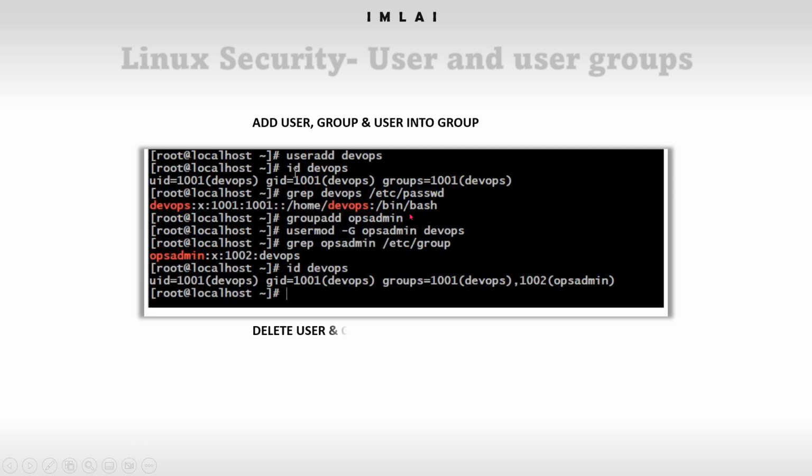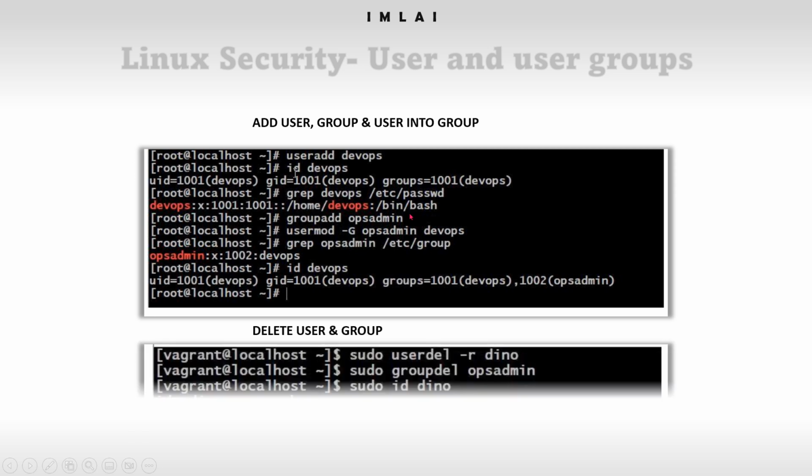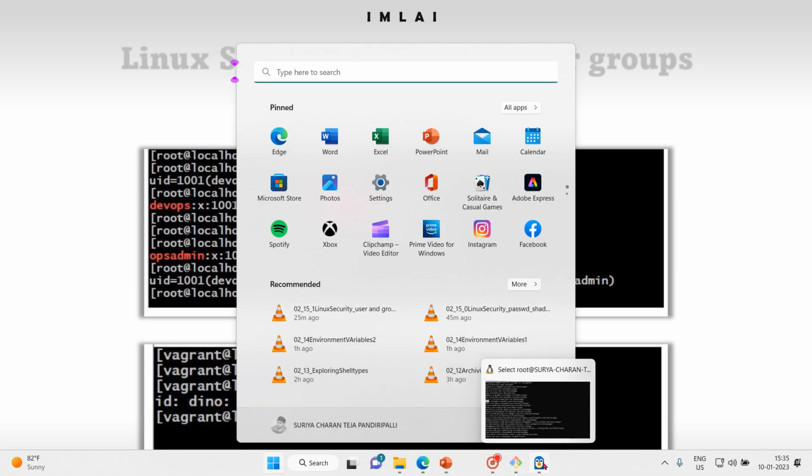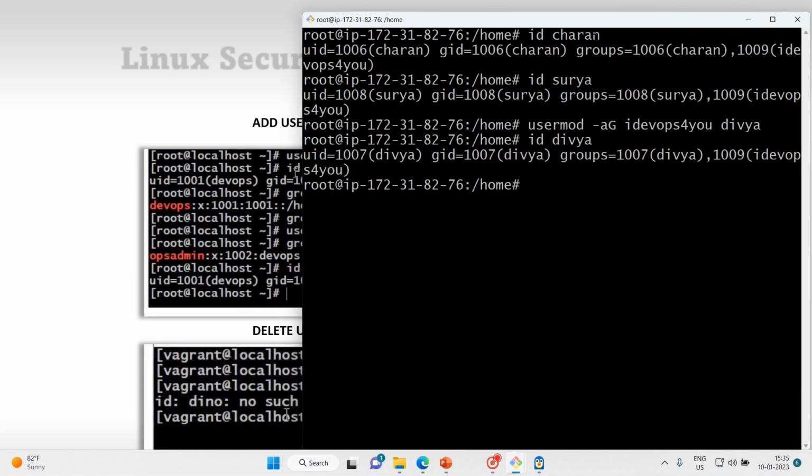So now let's look into deleting users and deleting groups. How do you delete the users and how do you delete the groups? For that, again we'll get back to our space.